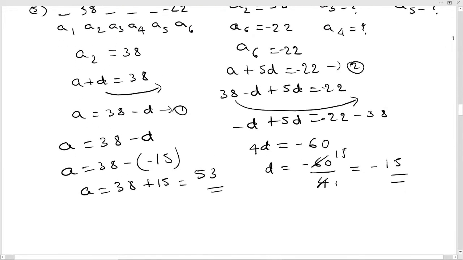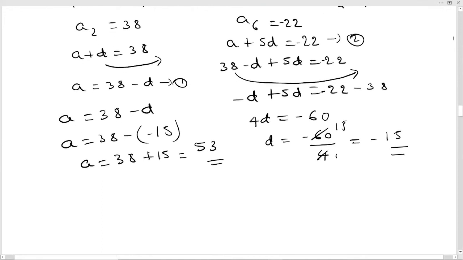Now you can easily find what they are asking. They are asking the first term, the third term, the fourth term and the fifth term. The first term you got already: the first term is 53. Now we need to find the third term.